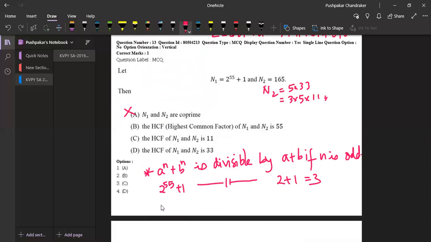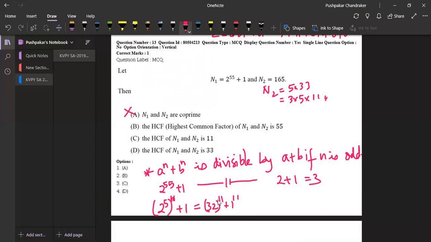Same with 2 power 55, it can also be written something like this. 2 power 5 whole power 11 plus 1. Now it became like, why? Because 55 can be broken as 5 into 11. So it becomes something like this. 32 power 11 plus 1. See, 1 can also be written as 1 power 11.